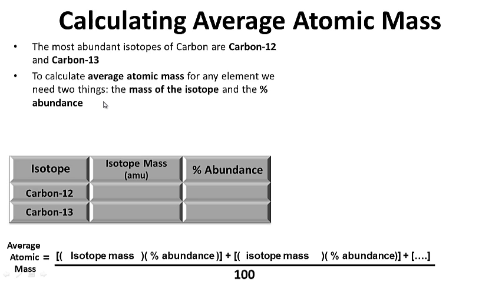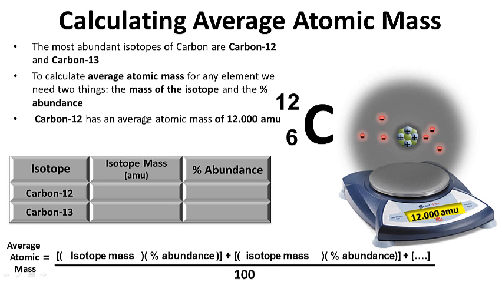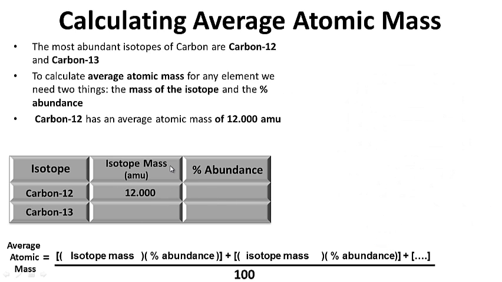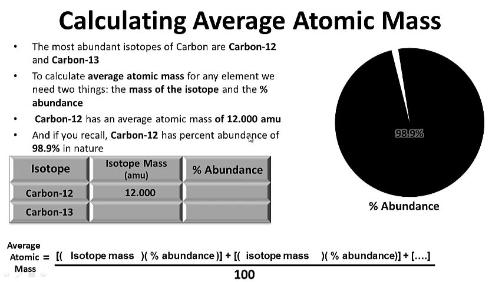To calculate the average atomic mass for any element, we need two things: the mass of the isotope and its percent abundance. Carbon-12 has an atomic mass of 12 AMU. That is its isotopic mass. And if you recall, carbon-12 has a percent abundance of 98.9% in nature. So there's its percent abundance.